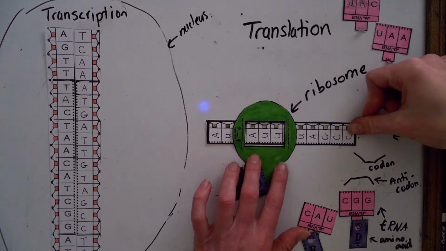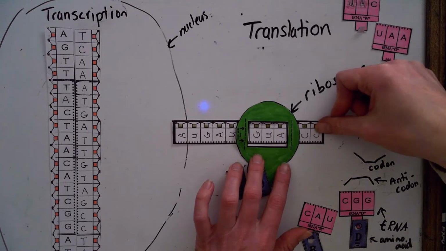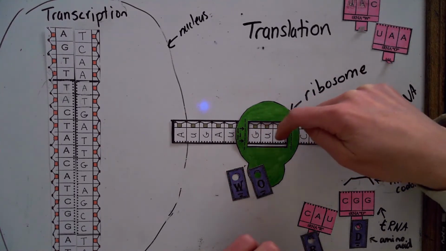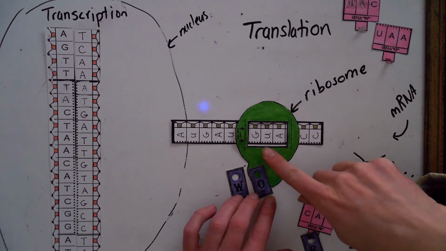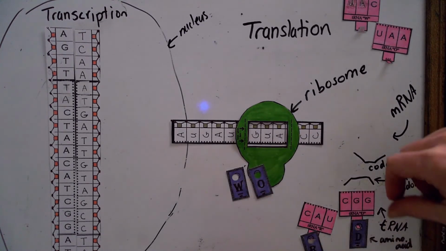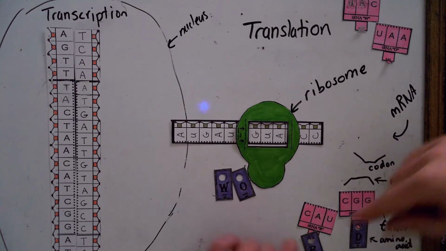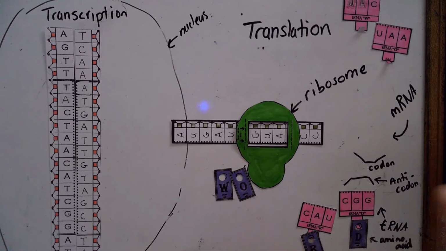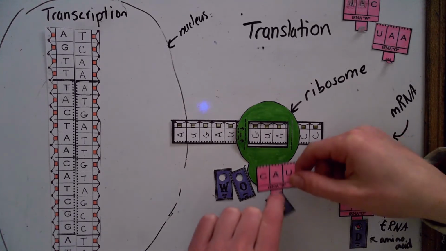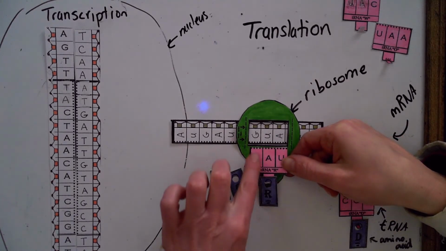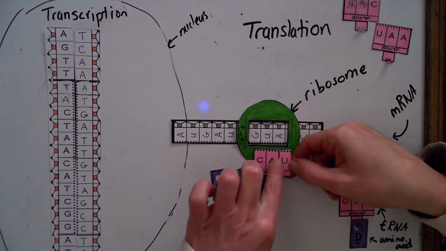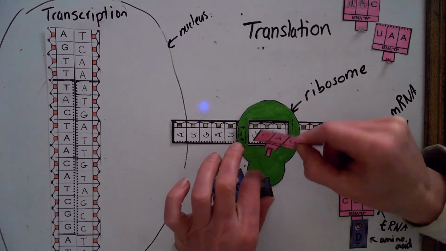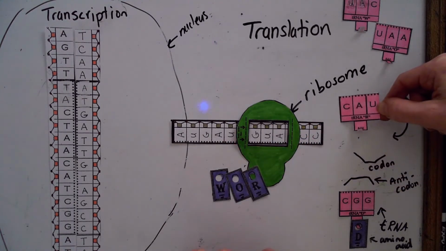The mRNA now is going to slide down, and we're going to read a new codon of 3 nitrogen bases, GUA. Well, which amino acid will pair? Which anticodon on the tRNA will pair? This one will. C pairs with G, A pairs with U, and U pairs with A. So this amino acid can be dropped off by the tRNA molecule.